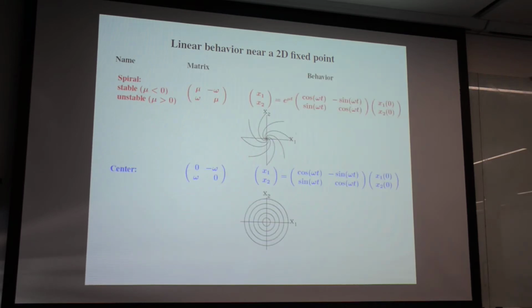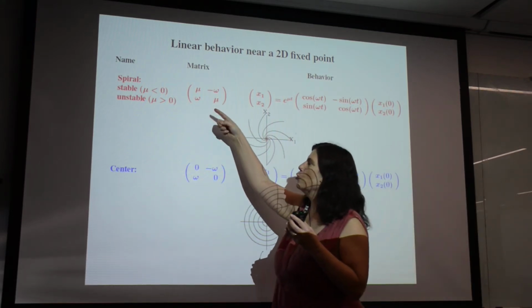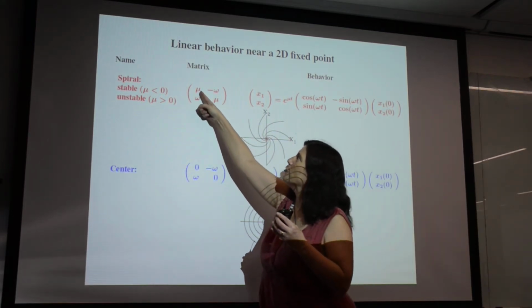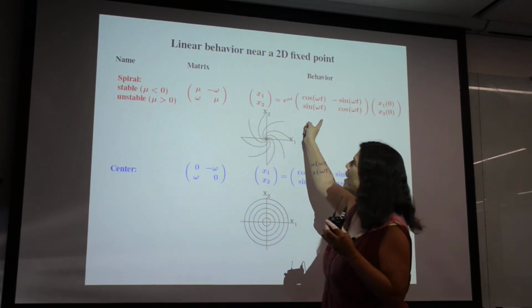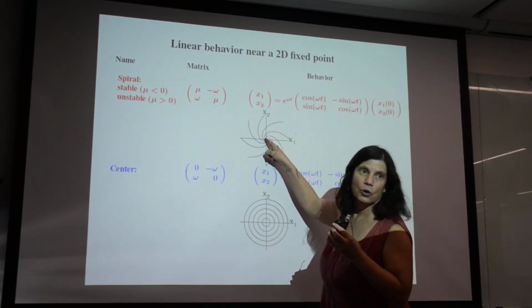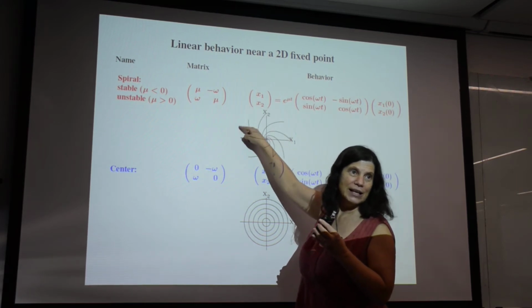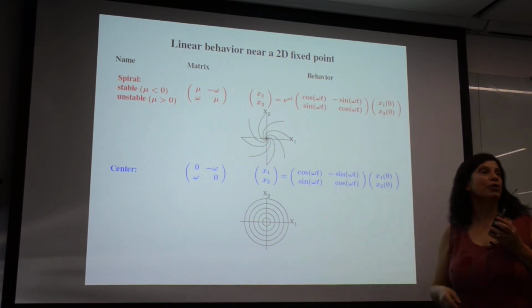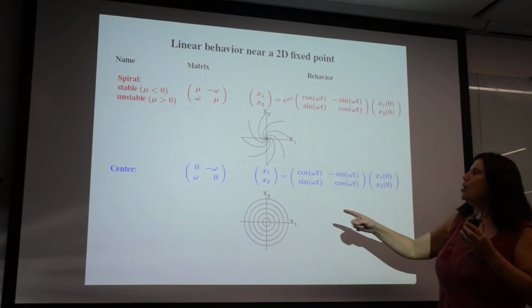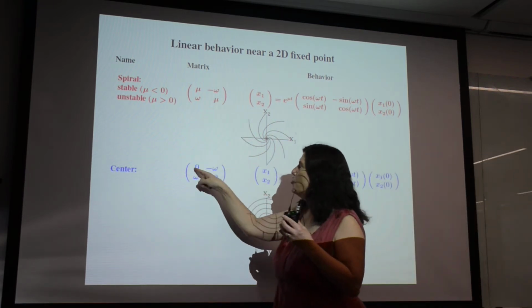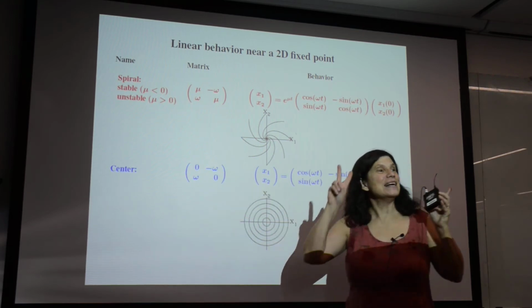When you have complex eigenvalues, you will have either spiral or center behavior. For the spiral, depending on the sign of mu, you will be either spiraling in or spiraling out. And I've used the same picture to represent both by not putting in arrows. For a center, mu is 0, and that means I don't care.